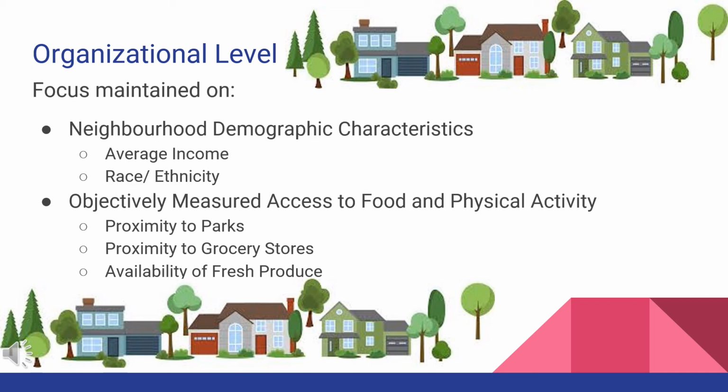There was also great focus on the proximity of access to adequate food sources and areas for physical activity. This study objectively measured ease of access to grocery stores, adequate amounts of reasonably priced, fresh and healthy foods in these stores, and proximity to parks or other safe areas for physical activity.